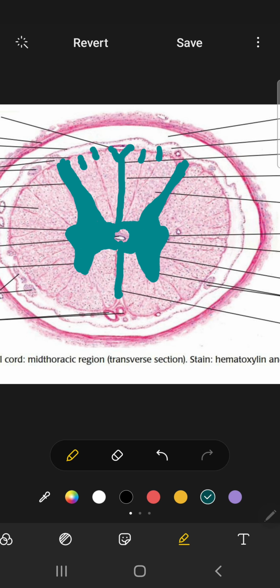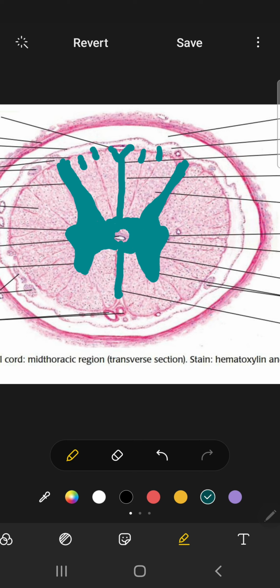Okay, so the gray matter that is present dorsal to the central canal, this one, which is actually responsible for connecting the two dorsal horns or the two posterior horns, is known as the dorsal gray commissure. Whereas ventral to the central canal is the ventral gray commissure.